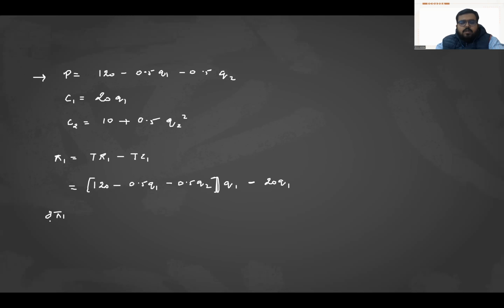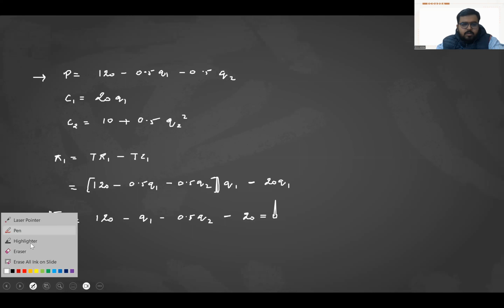Now differentiate this function with respect to Q1. What will you get? 120 minus Q1 minus 0.5Q2 minus 20 equals 0. And why are we doing so? Because we want the best response function.